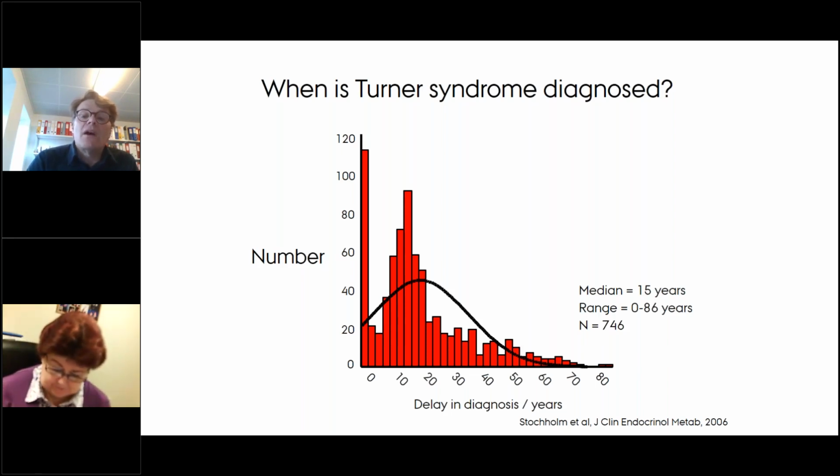The median age at diagnosis in Denmark is 15 years, meaning that half of all females with Turner syndrome are really only diagnosed after the age of 15 years. And this also leads to unrecognized morbidity and perhaps even unrecognized mortality.